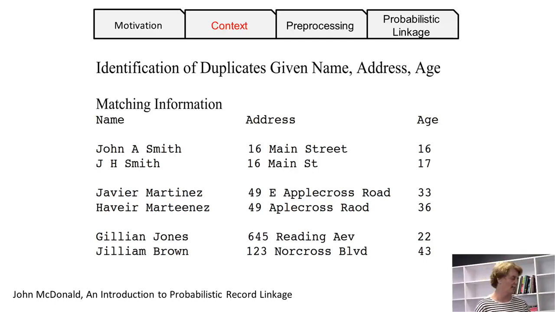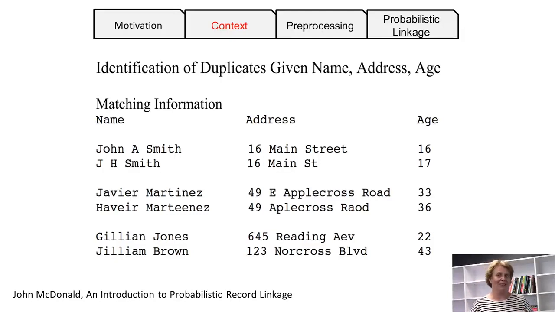And now take a look at that second pair. So we've got Javier Martinez at 49 East Applecross Road, 33. And then you've got a name that is spelt differently, 49 Applecross spelt a bit differently, and age 36. So now, of course, you can see the human being making some additional calculations.